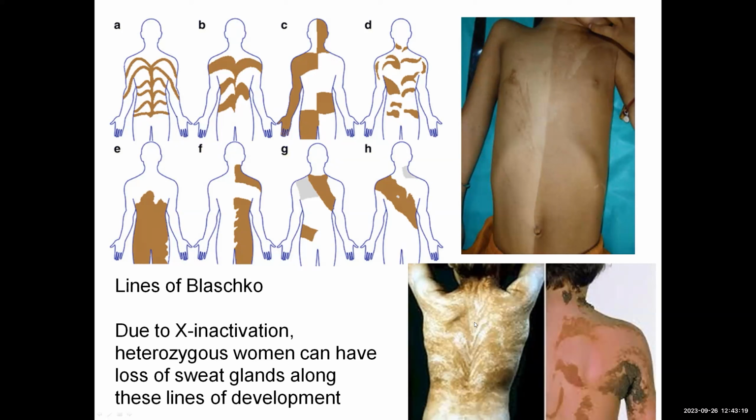X inactivation in heterozygous women can have different phenotypes depending on when it happens before migration and which cells are affected. This is why things like the loss of sweat glands, which can occur through one specific mutation, doesn't happen across the entire body, but instead follows the Blaschko lines, depending on which cells were initially affected.